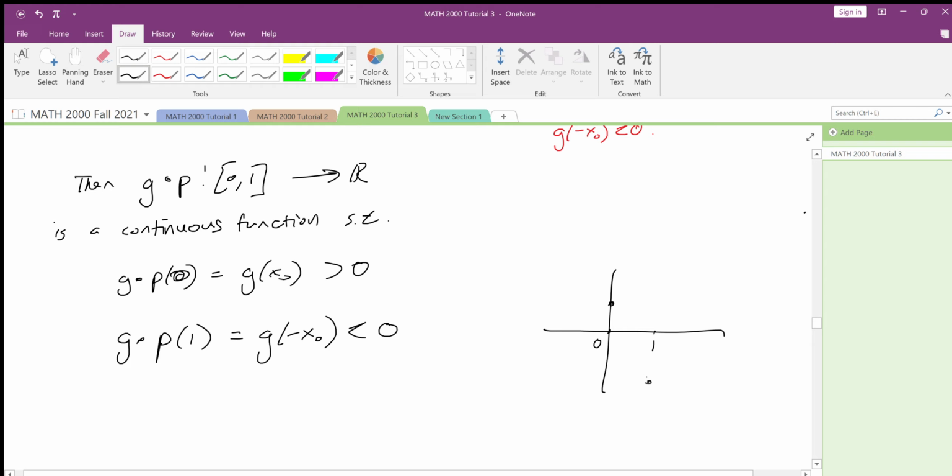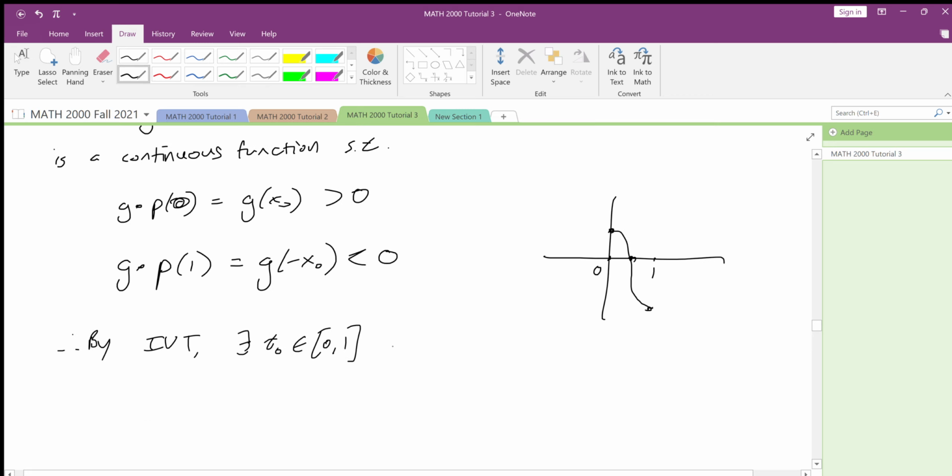So eventually I had to have hit 0. Therefore, by the intermediate value theorem, there would exist a time t naught in [0, 1] such that g compose P at t naught is equal to 0.